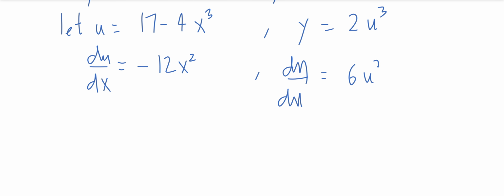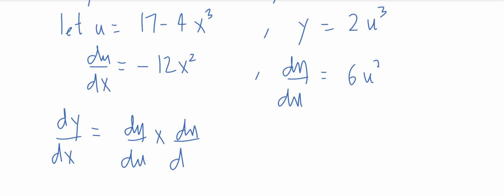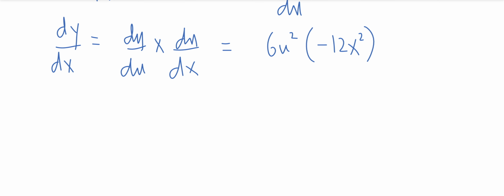So then applying the chain rule, which states that dy by dx equals dy by du multiplied by du by dx, which equals 6u squared multiplied by minus 12x squared. So dy by dx now simplifies to minus 72 u squared x squared.